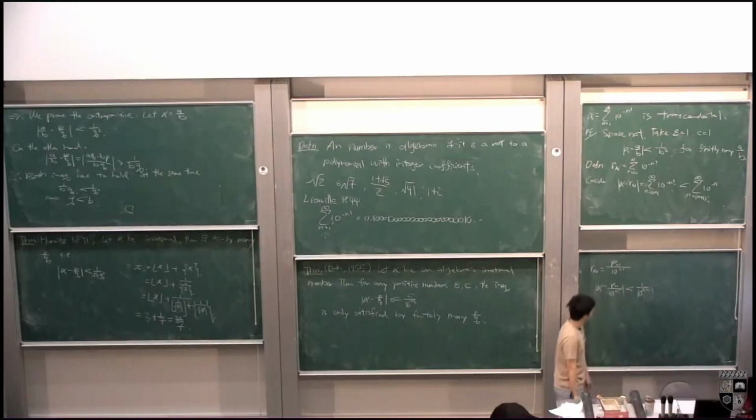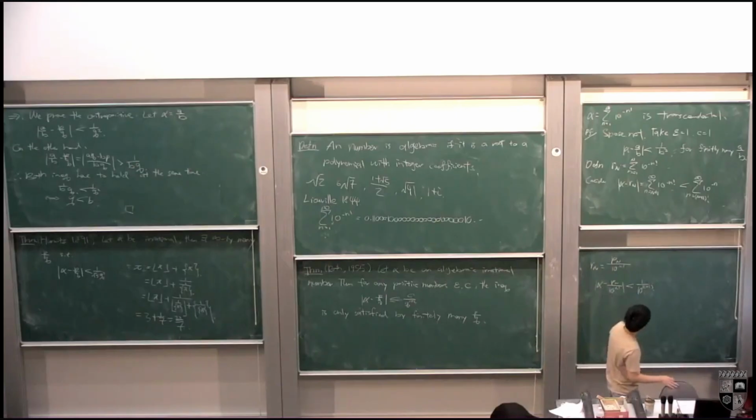So in other words, if I can show that this quantity satisfies this inequality infinitely often, then I get a contradiction, because Roth's theorem says it can only happen for finitely many, if we suppose alpha to be algebraic.